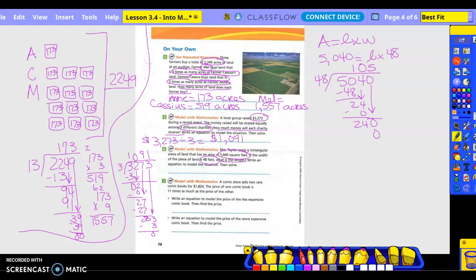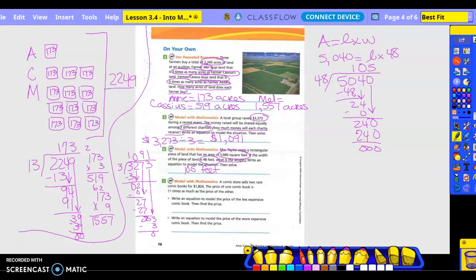Put a 0, carry the 4. 5 times 4 is 20 plus 4 is 24. Nothing left over. So 105, not square feet, because you're only finding the length. They already gave you the area, right? 105 feet.